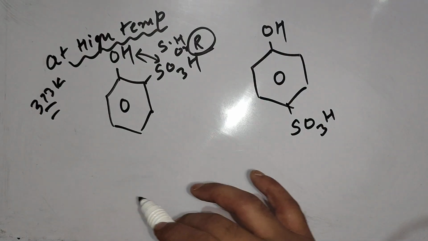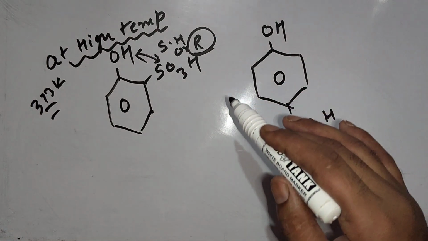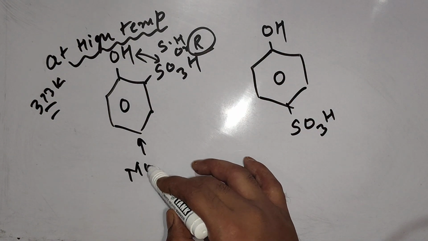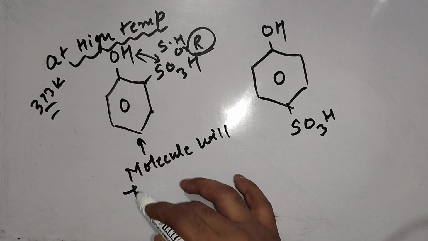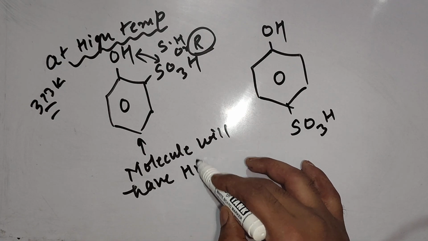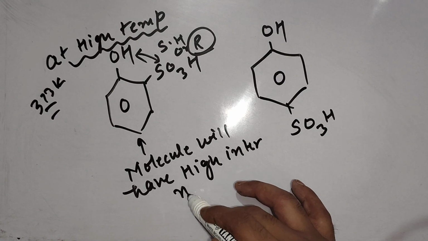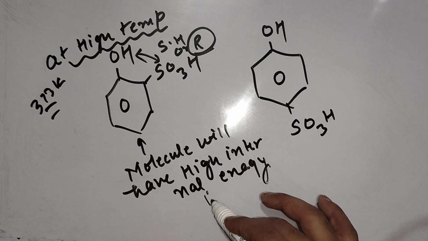In 11th class and in lower classes we have done that if there is a repulsion, the energy of the molecule will be increased. So this molecule will have high internal energy in it.